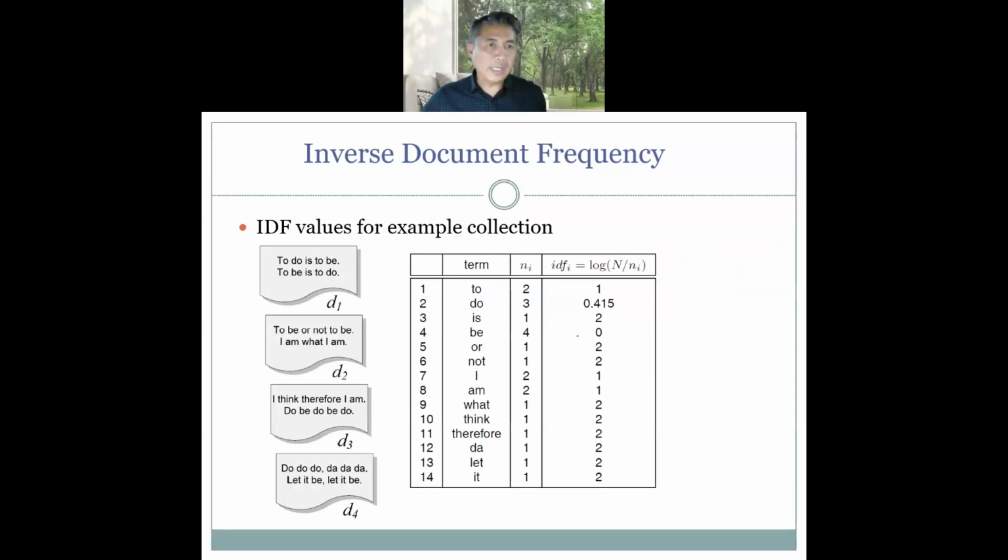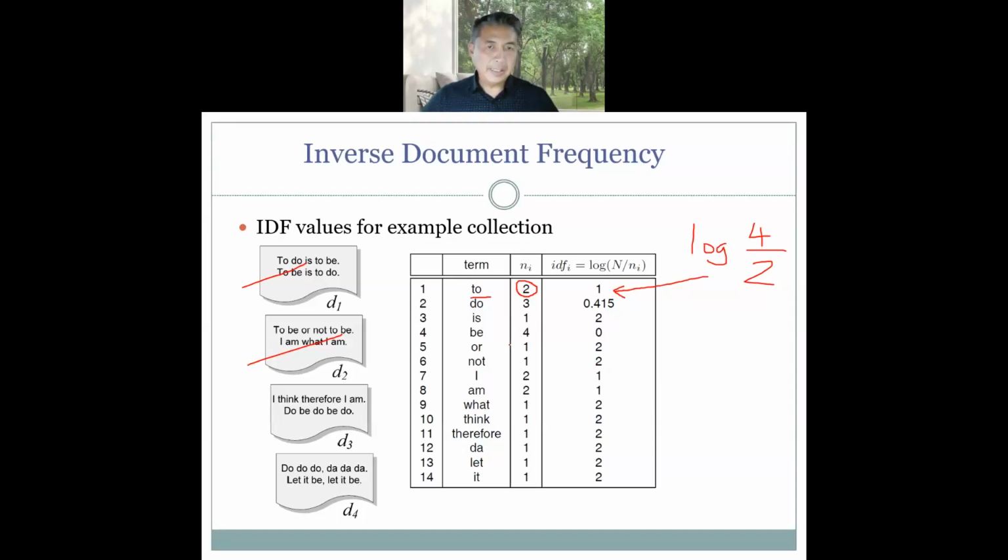For example, 2 exists in documents 1 and 2. To calculate that, we have 4 documents in total, and this is 2, so this is equivalent to 1.